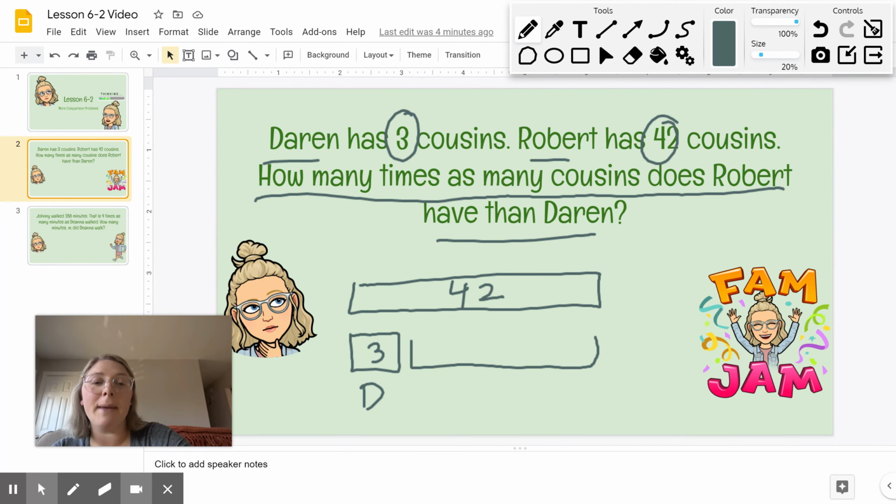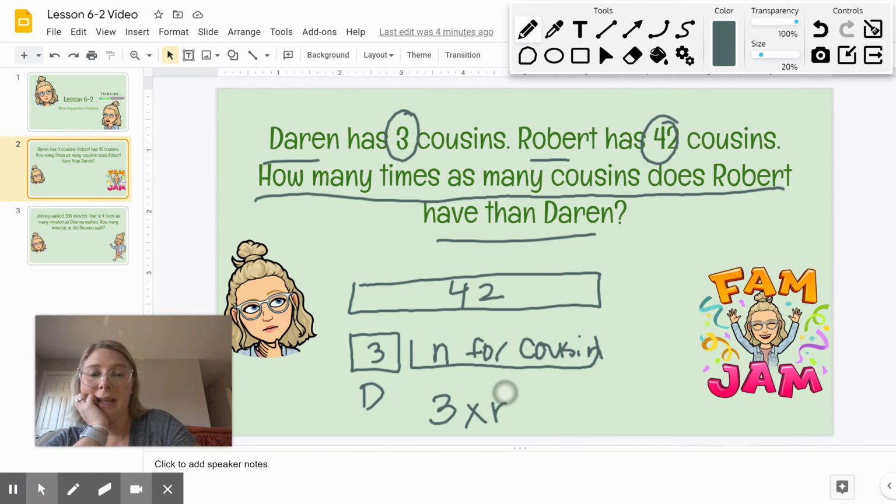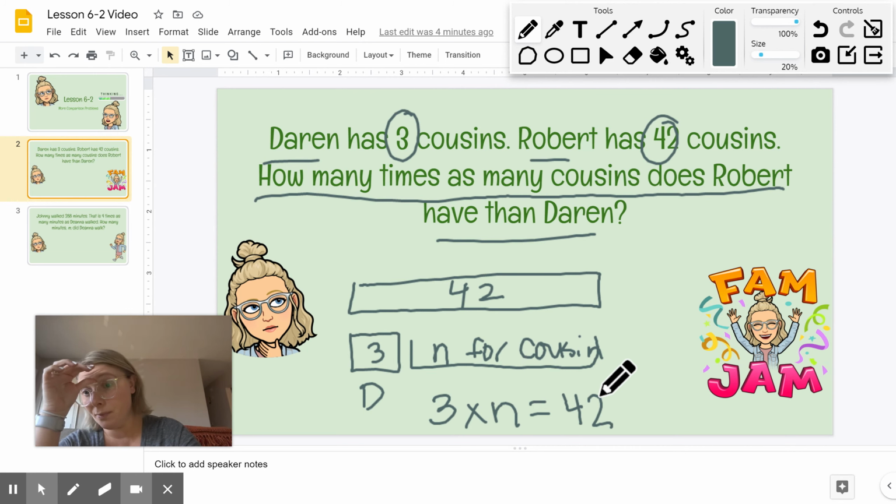So we can make N for number of cousins, okay? So how many more times cousins? So we would do 3 times N equals how many cousins Robert has.